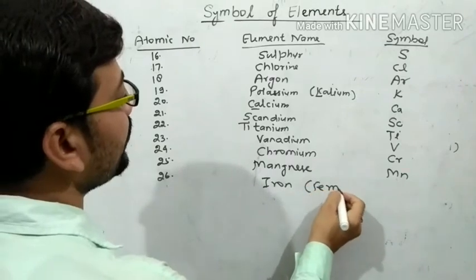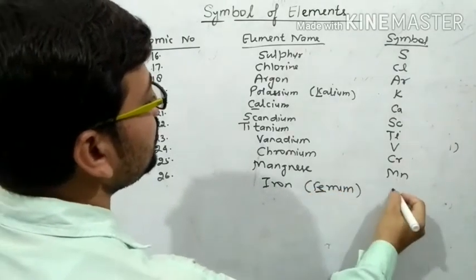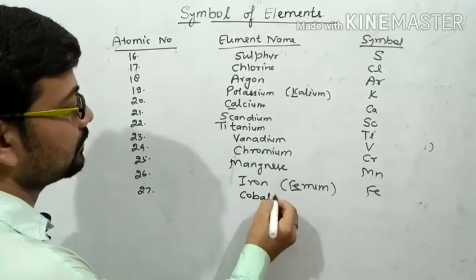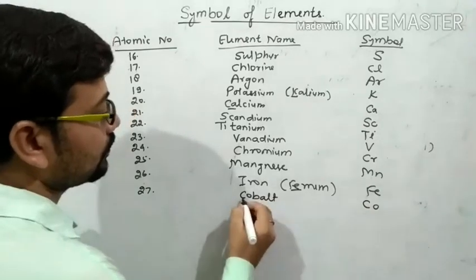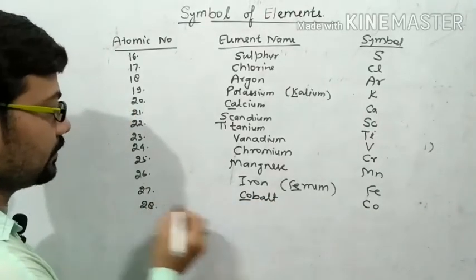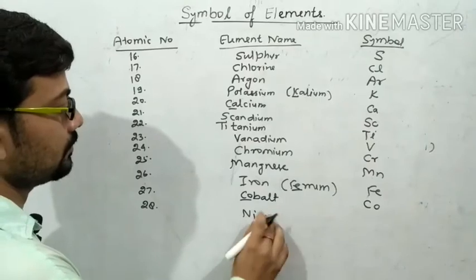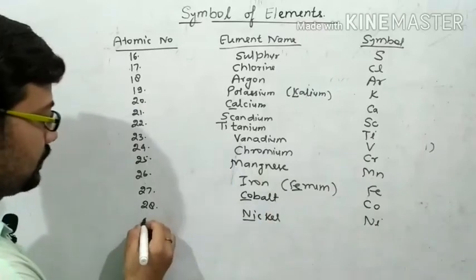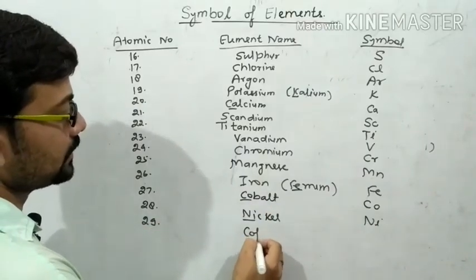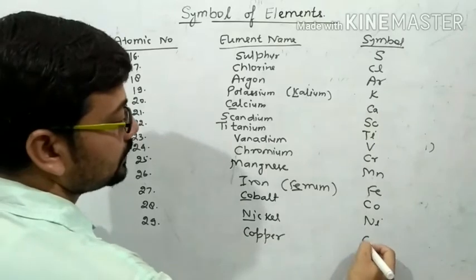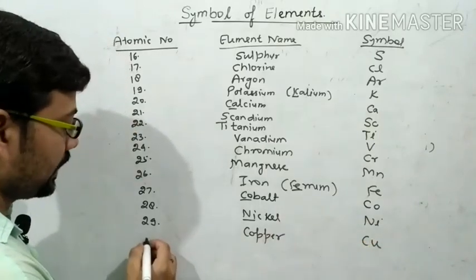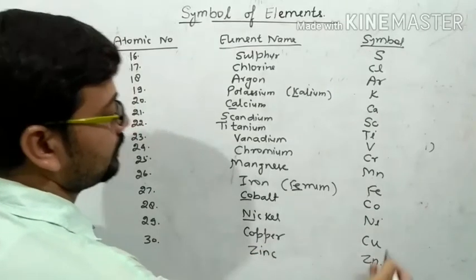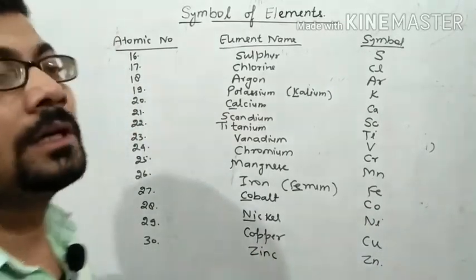Iron is actually from Ferrum, so the symbol is Fe. 27, cobalt, that is Co. 28, nickel, that is Ni. 29, that is copper, symbol Cu, and the last one is zinc, that is Zn. So these are the symbols of the elements.